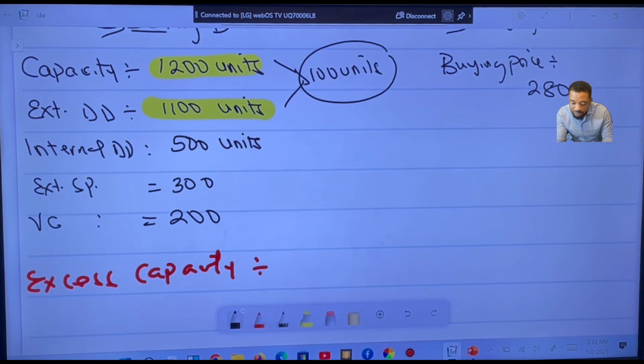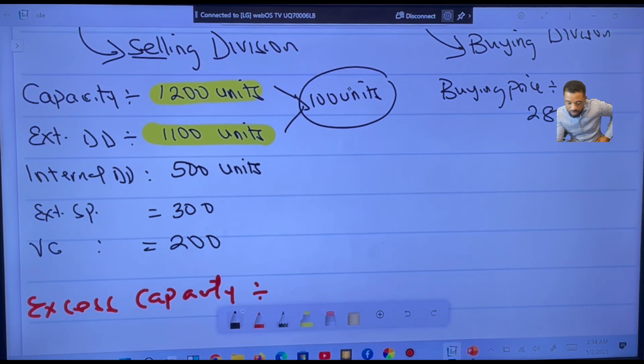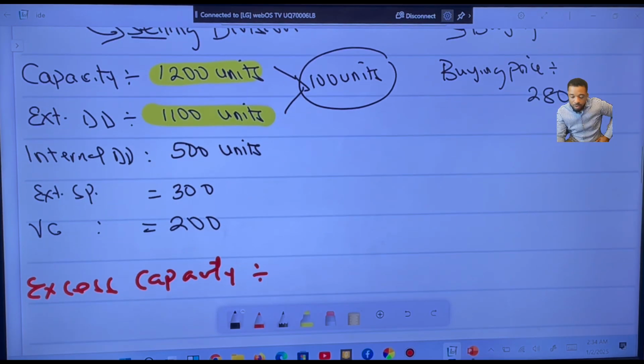And I said in that video, if you have not watched that video, please go to that video and just get the basic understanding on this area. All right, so this 100 can only be sold at variable cost.